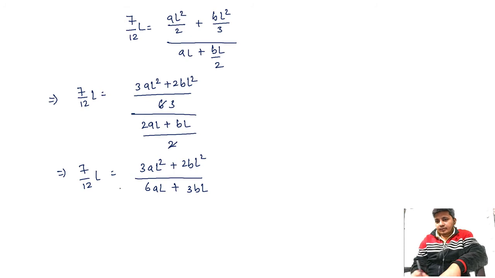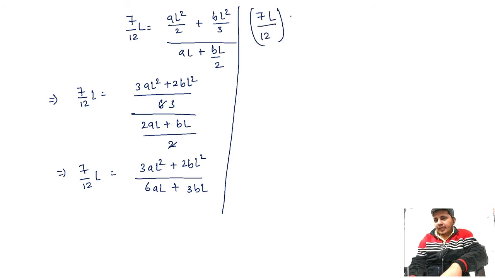3bL. If we take 3L common from this denominator, that would be multiplied by this term, 3aL square plus 2bL square over 3L times 2a plus b.